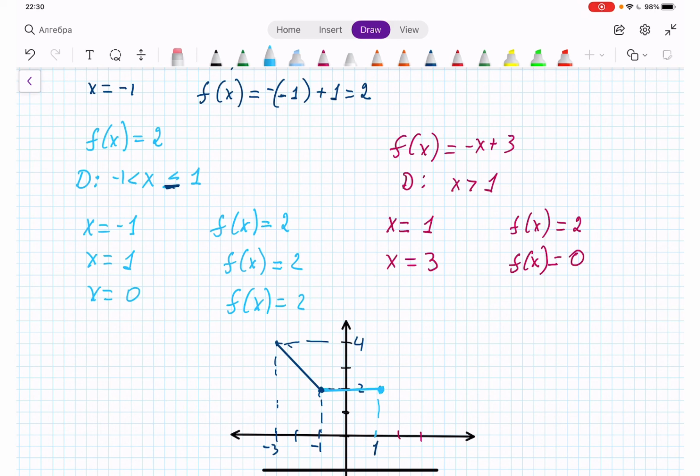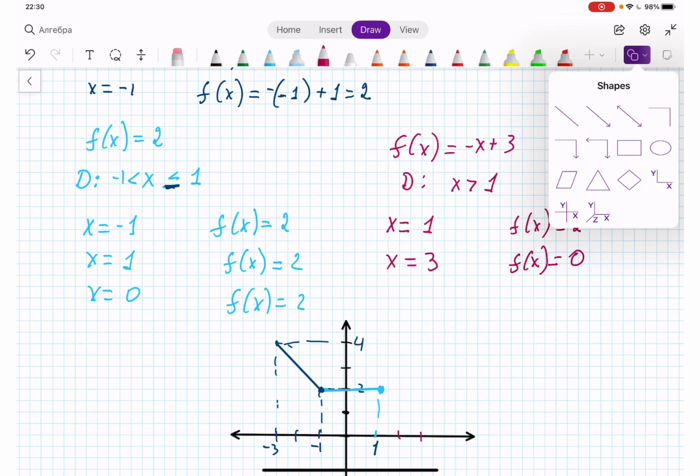But for this burgundy color, the equal sign is missing. So the point 1 and 2 is supposed to be an empty circle, right? But because we already have a full circle, it's going to overlap this empty circle because it's filled up already. So this graph is only going to go down and there won't be any empty circle.